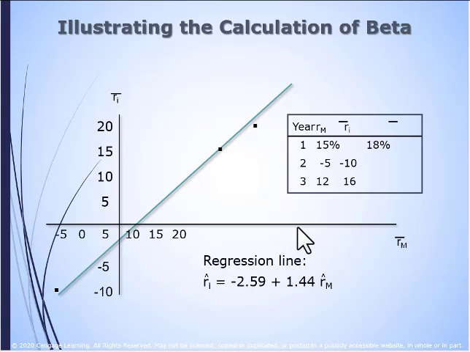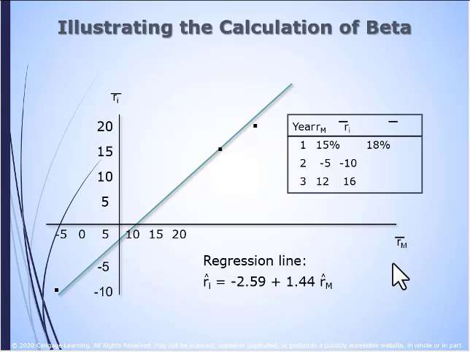What we have here is a line. In this case, there are only 3 data points. We want to try to explain these.